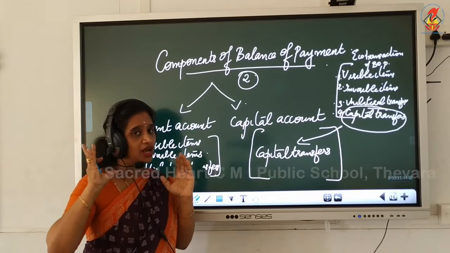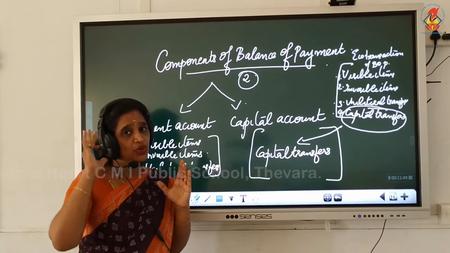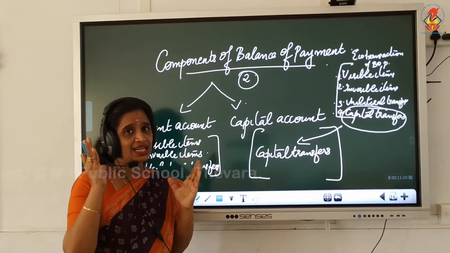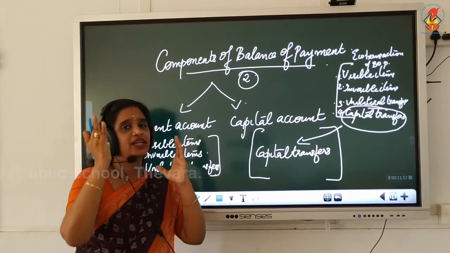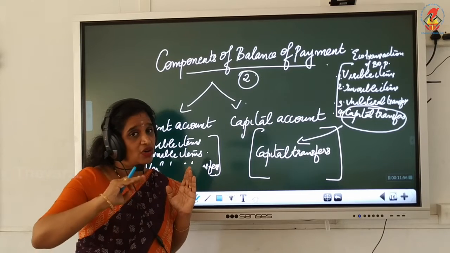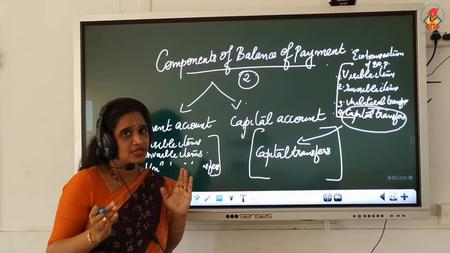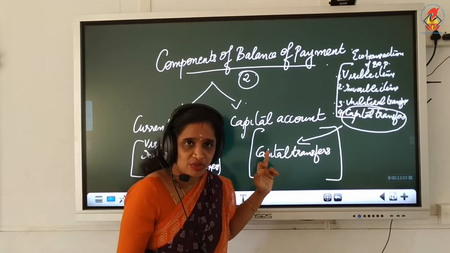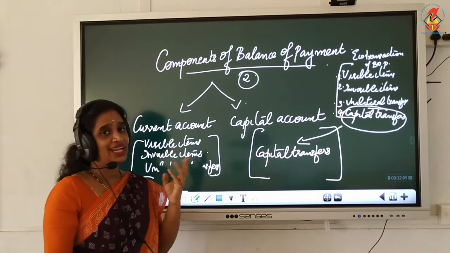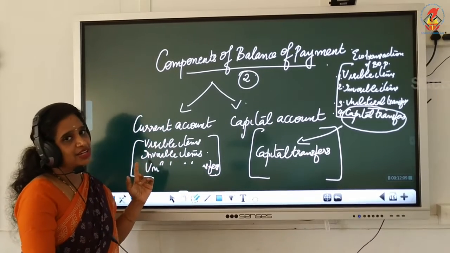So whenever you are asked to write about the components of balance of payment, you have to recollect the economic transactions of BOP. Out of the four economic transactions, all those related to capital receipts and payments come under capital account. The rest three, unilateral, visible and invisible, come under current account.